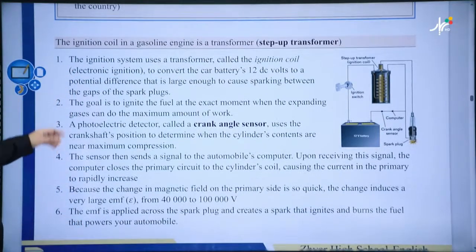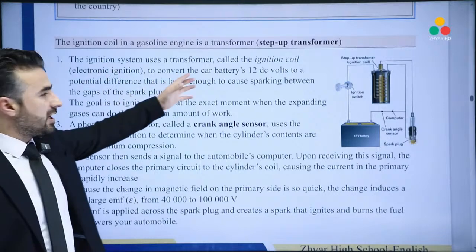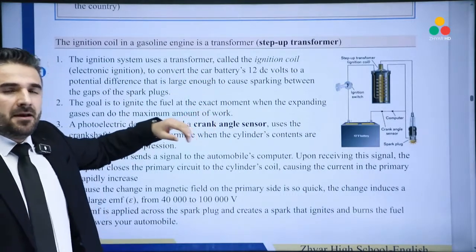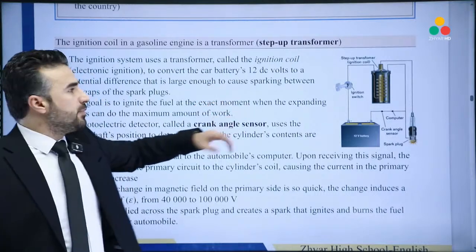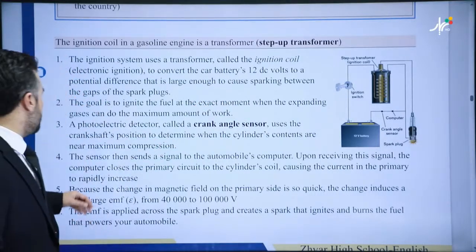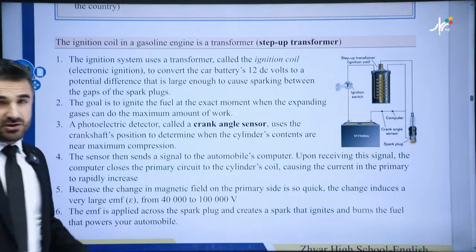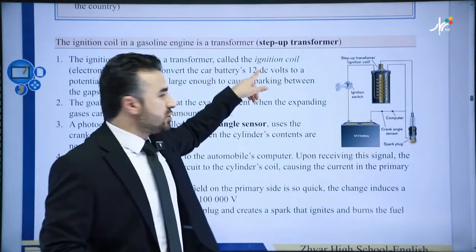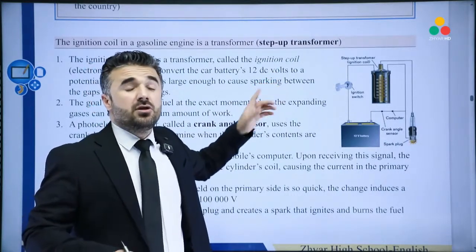It is an electronic ignition that converts the car's battery, which is 12 volt DC, to a potential difference large enough to cause sparking between the gaps of the spark plugs. So it converts 12 volt DC into between 40,000 to 100,000 volt.